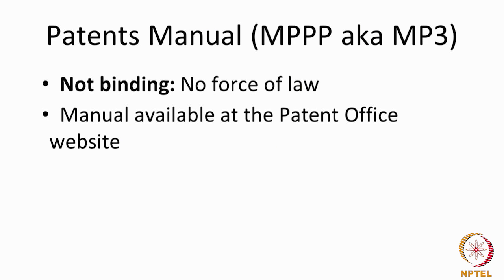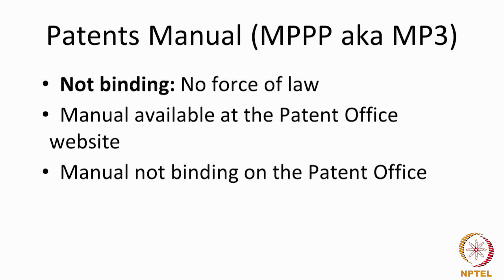It does not have the force of law. The manual at best can be regarded as guidelines on how the Patent Office operates, what the Patent Office procedures are, and the manual explicitly mentions that it is not binding on the Patent Office. So, we cannot use the manual to force the Patent Office to take a particular decision in a particular way, because the manual is a guideline of probably the best practices that are followed by the Patent Office.